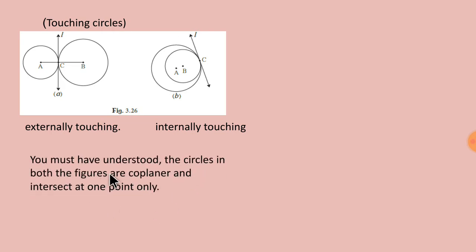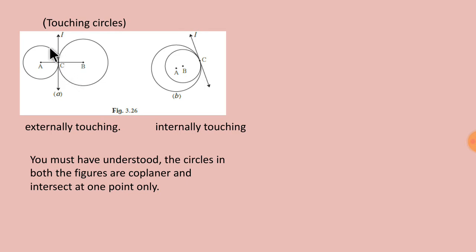Now you must have understood that the circles in both the figure are coplanar. Means circles in both the figure are coplanar and intersect at one point only. Means हे दोन्ही जे सर्कल्स आहेत, both circles intersect at one point only.